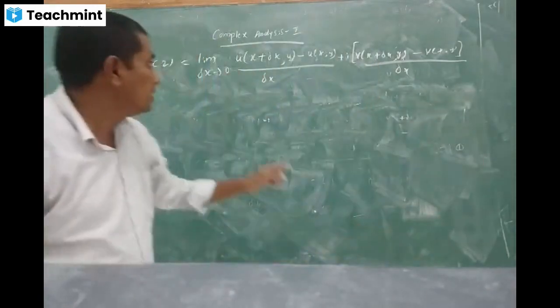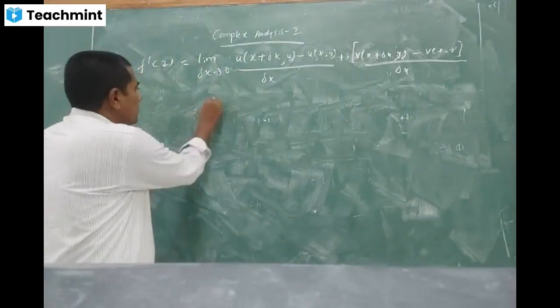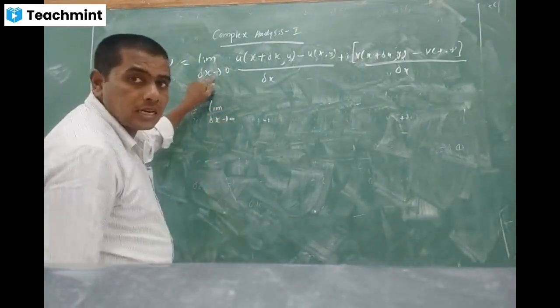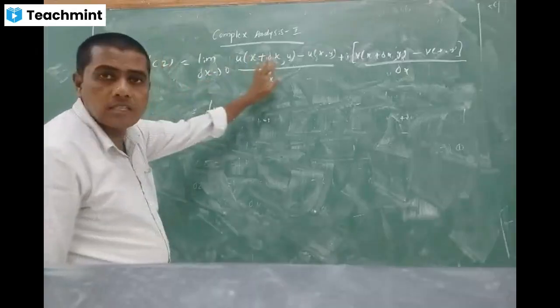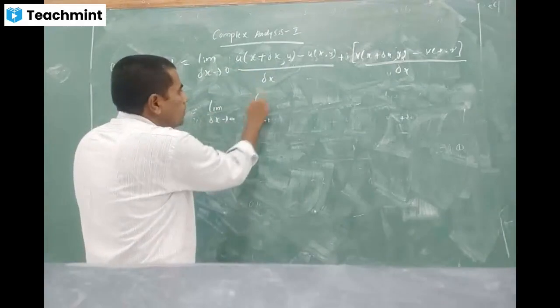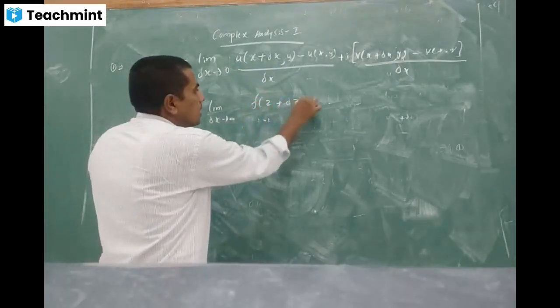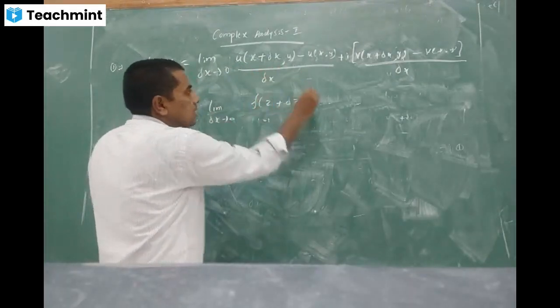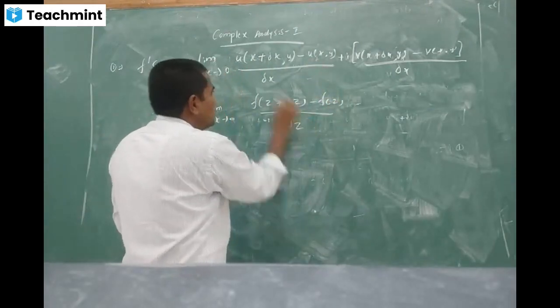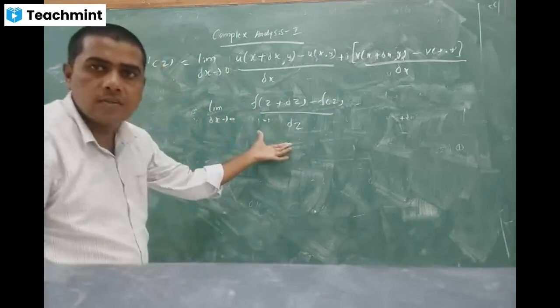Okay, now we can check this. See what exactly you can write here. Limit delta x tends to 0. Is it clear? Limit delta x tends to 0. So it is in the form of what? See here, f of z plus delta z minus f of z divided by delta z you can write. So what is this term you can write?